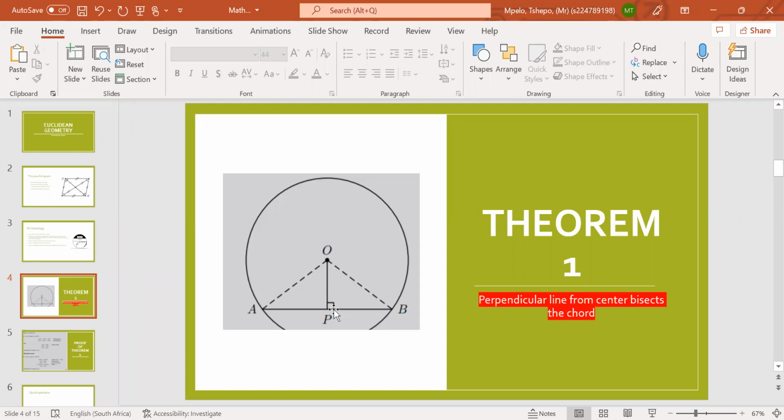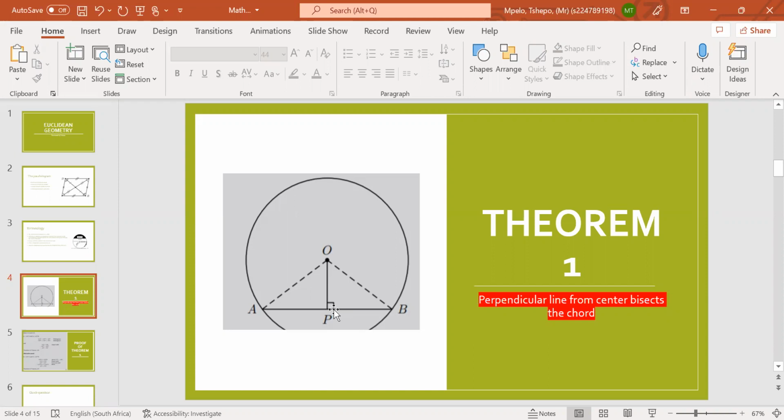That shows perpendicular. To bisect is to cut in the middle, because when you're cutting in the middle, you end up having two equal halves. So that is all about your theorem 1.